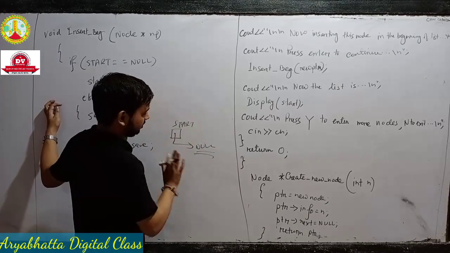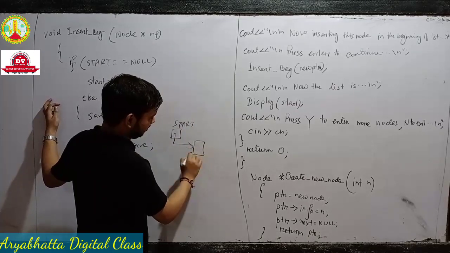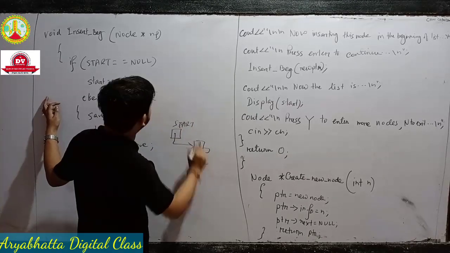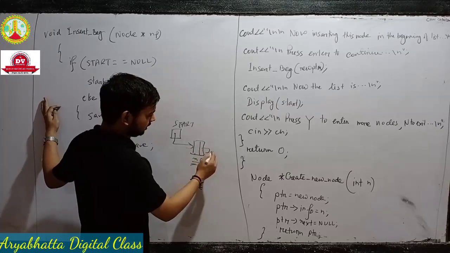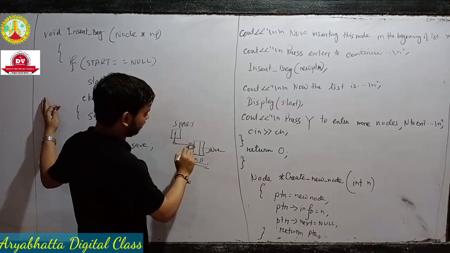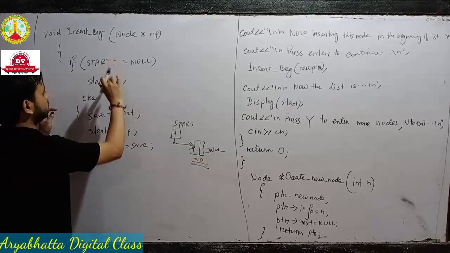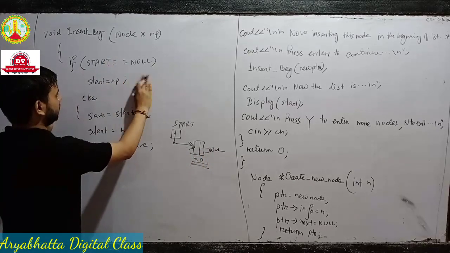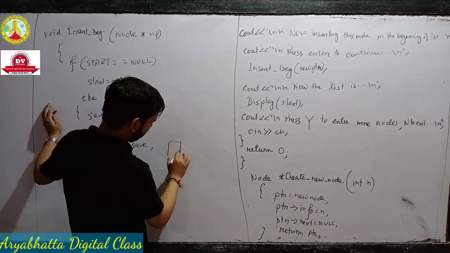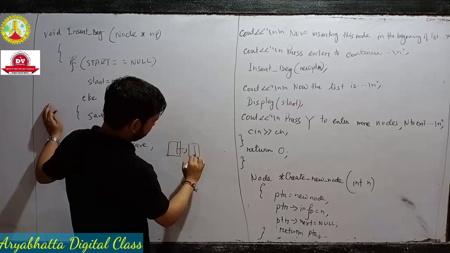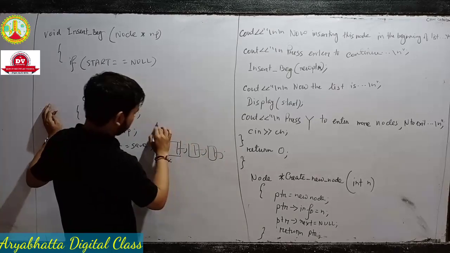If you enter a new node, NP means new pointer, new node, then only one exists, means start is pointing to the new NP, this line. And otherwise, if the list is not empty, the list contains this, and this is start.